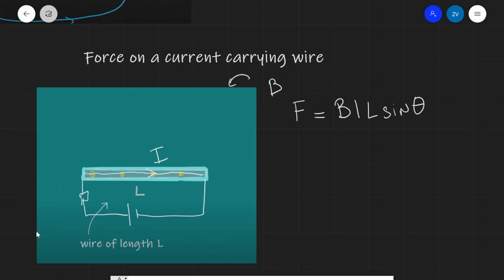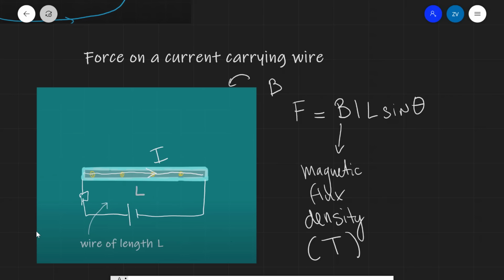Now in this case, F is the force, B, this is our magnetic flux density. So let's write this down, magnetic flux density. In a way, this is a measure of the strength of the magnetic field, and this is measured in the unit Tesla.